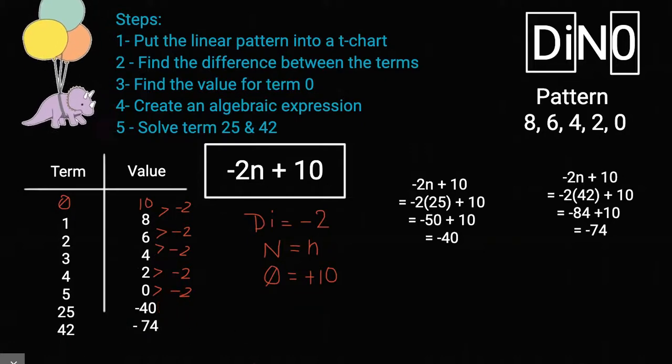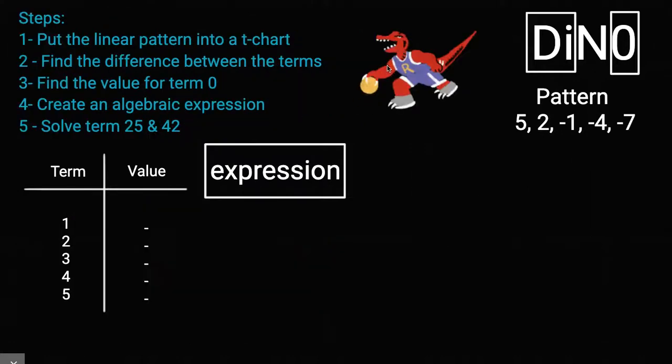Okay. So we now are on to question 12. 5, 2, negative 1, negative 4, negative 7. Okay, so again, I'm just going to pop that right into my T chart. I'm then going to ask myself, what is the difference between these terms?